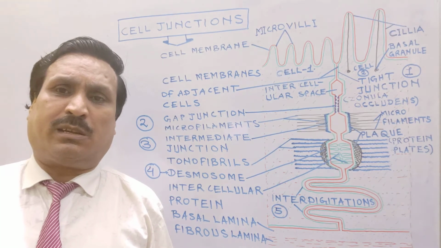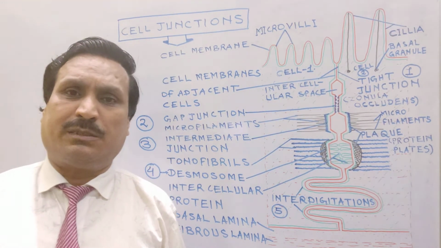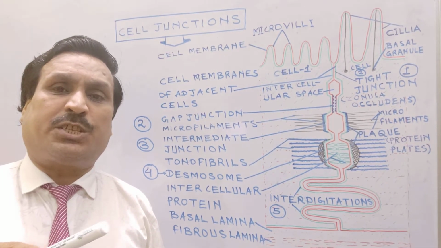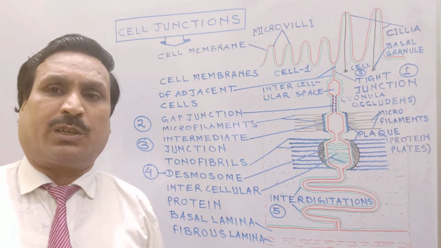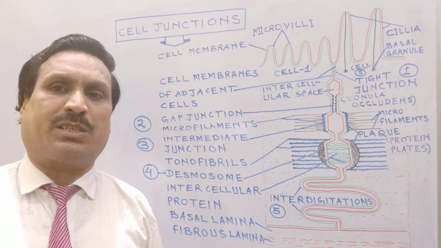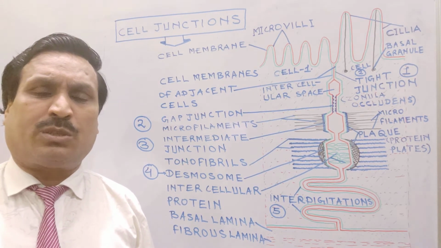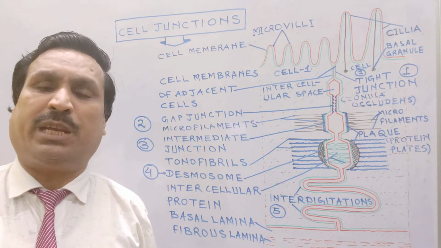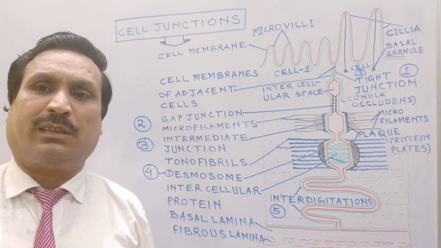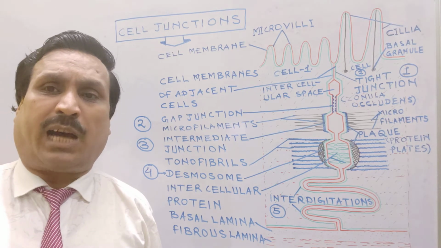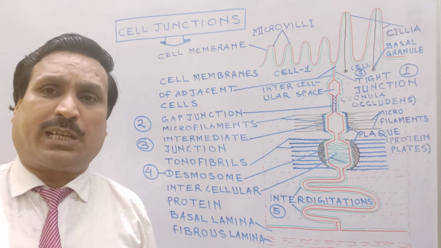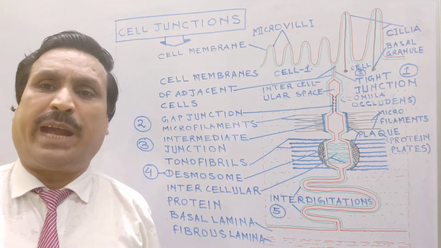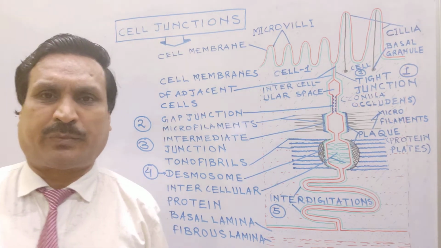In cardiac muscles, you have visualized strips, cross bands. Those cross bands or horizontal lines that appear dark, those dark horizontal zigzag lines are in fact gap junction.